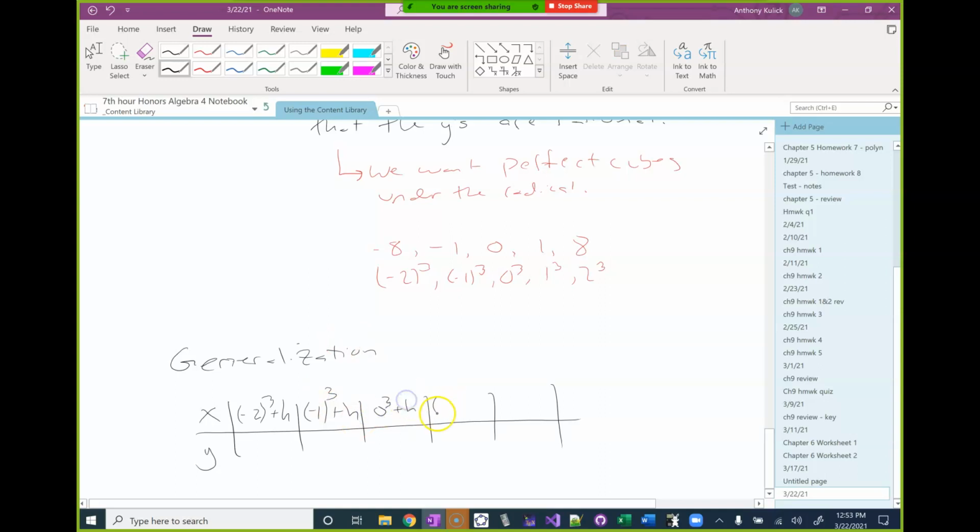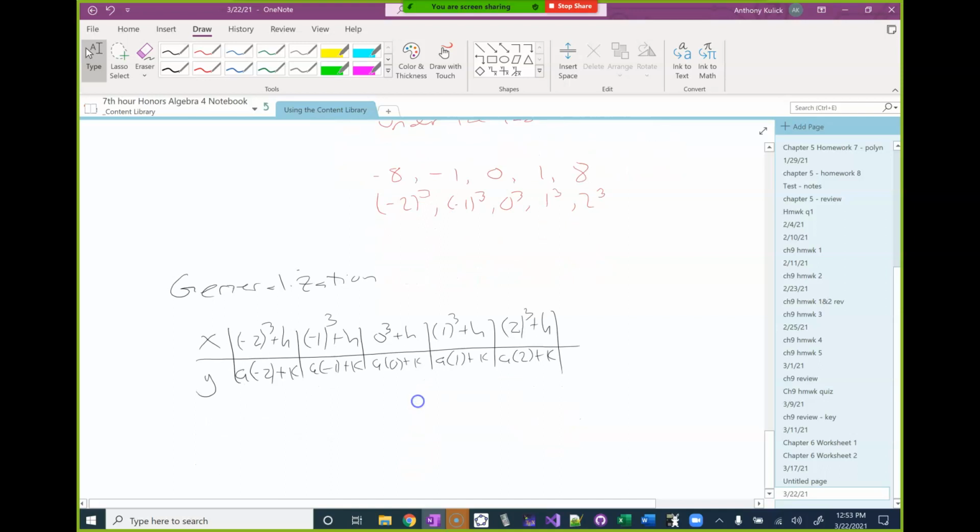Which is nice. Again, worth noting, this time the middle point is our HK.